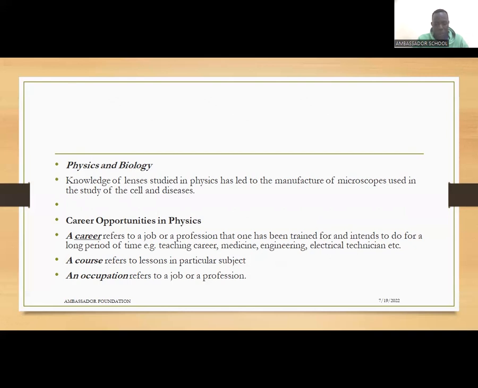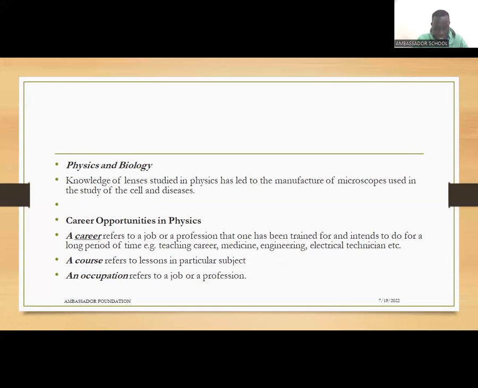But before we look at those careers, let's look at a career, a course, and an occupation. Those three terms need to be differentiated and explained. A career refers to a job or a profession that one has been trained for and intends to do for a long period of time.